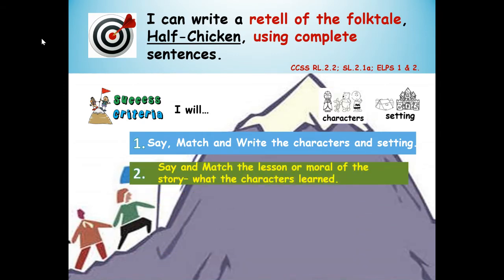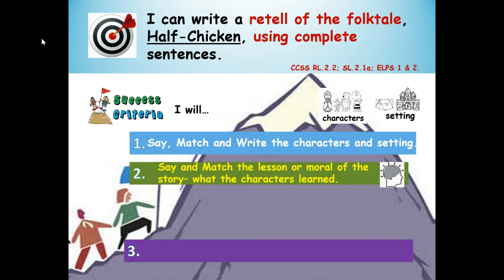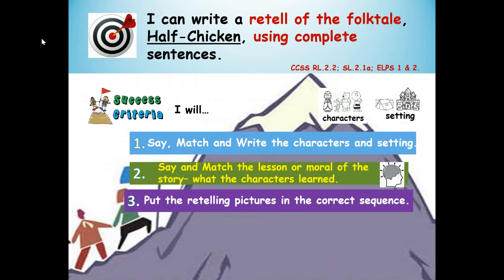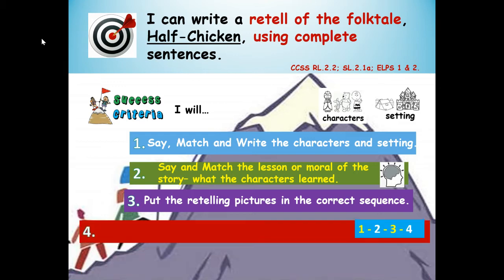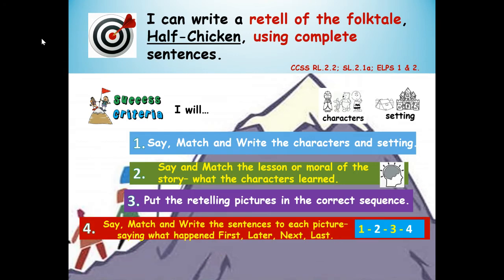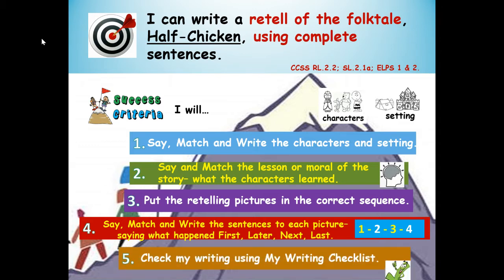Number two, I will say and match the lesson or moral of the story, what the characters learned. Number three, I will put the retelling pictures in order. Number four, I will say, match, and write the sentences to each picture, saying what happened first, later, next, and last. And then finally, I will check my writing using my writing checklist.